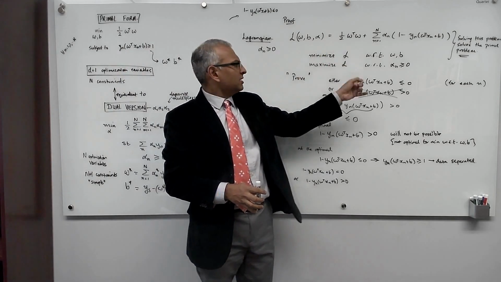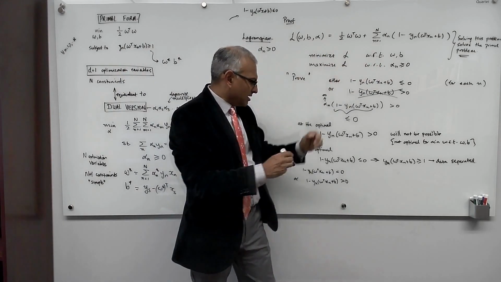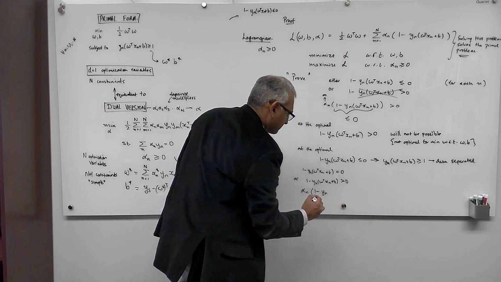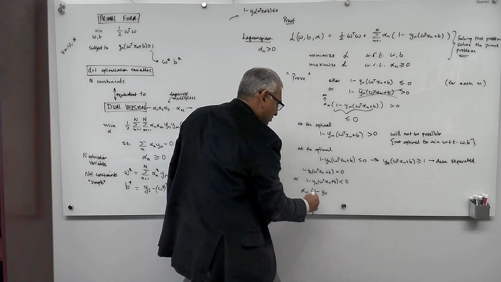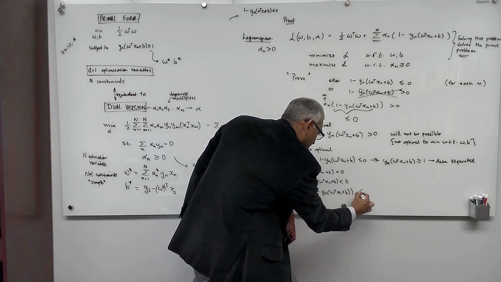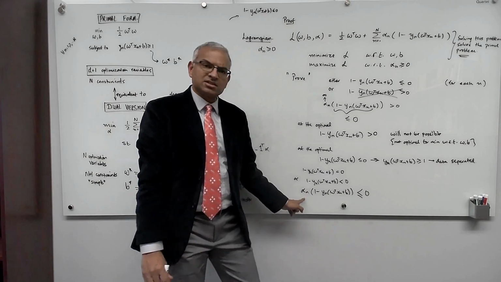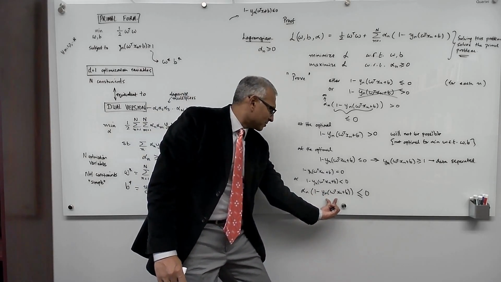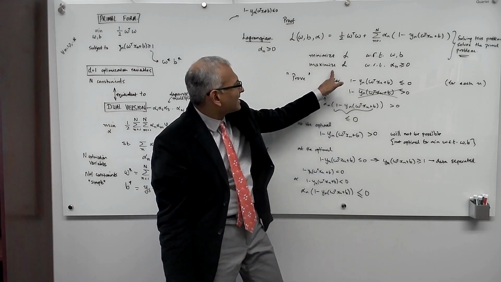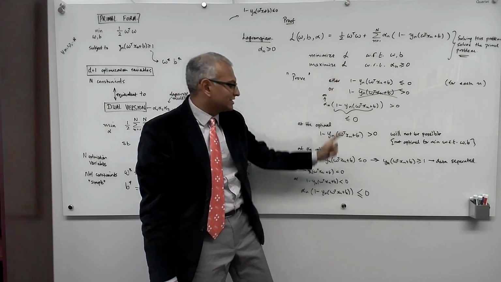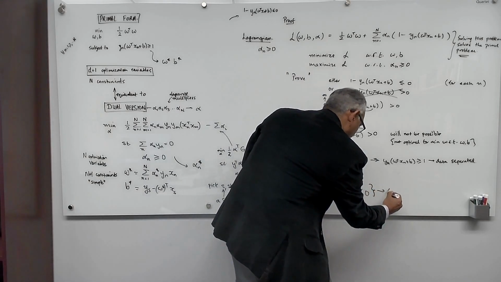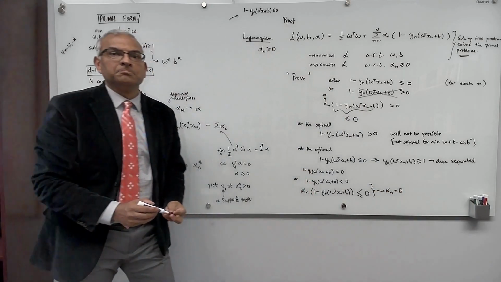But since I'm optimizing with respect to alpha n and trying to maximize, the quantity alpha n (1 minus yn (w transpose xn plus b)) will be less than or equal to 0, because alpha n is non-negative and this is strictly negative. Since I'm trying to maximize with respect to alpha, the best I can do is get it equal to 0 by setting alpha n equal to 0. So this implies that alpha n is equal to 0 at the optimal.